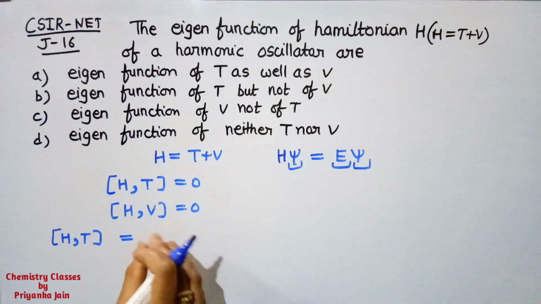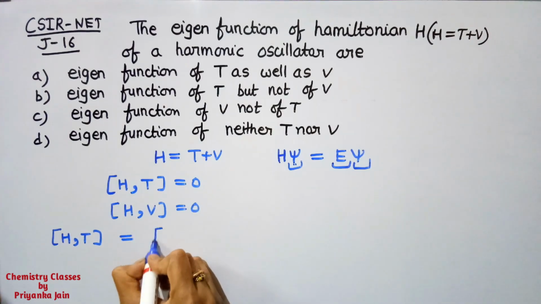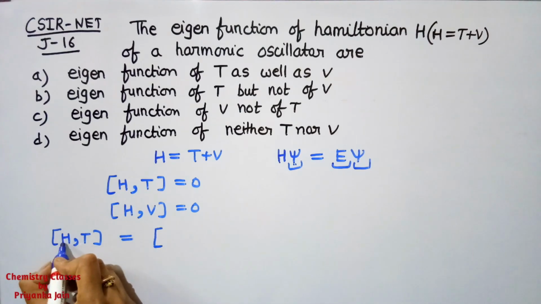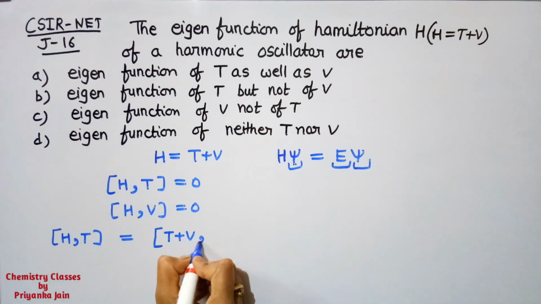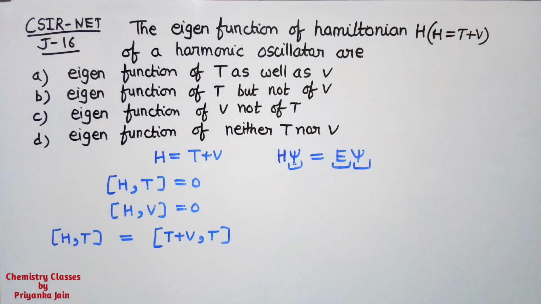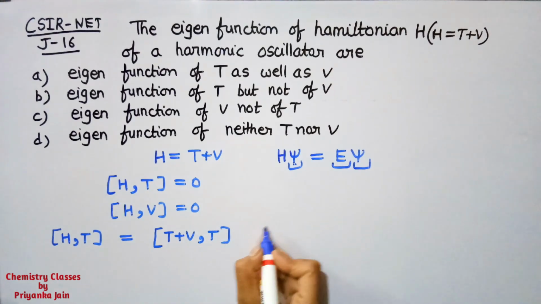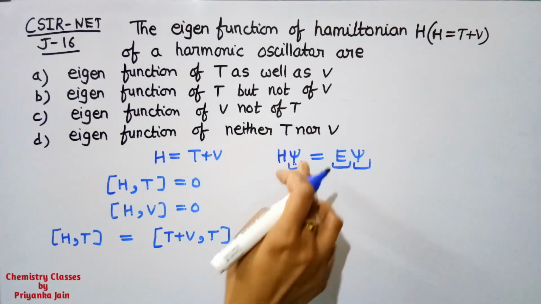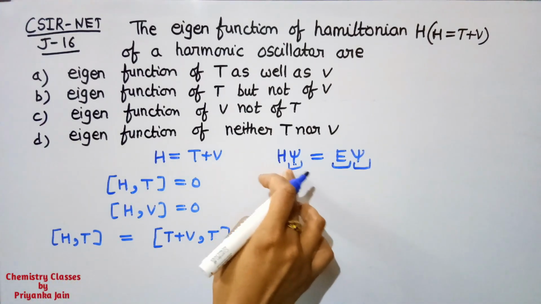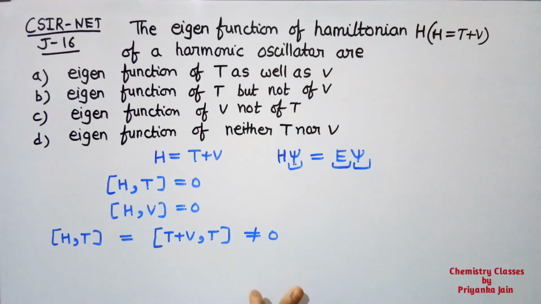For this we have to see firstly this condition, commutator of H and T. For this we are not going into its detail, we are using here the short tricks. So for this Hamiltonian operator we can write it in this way, T plus V and then T. Now you can see here, and you can understand this cannot be equal to 0, right?